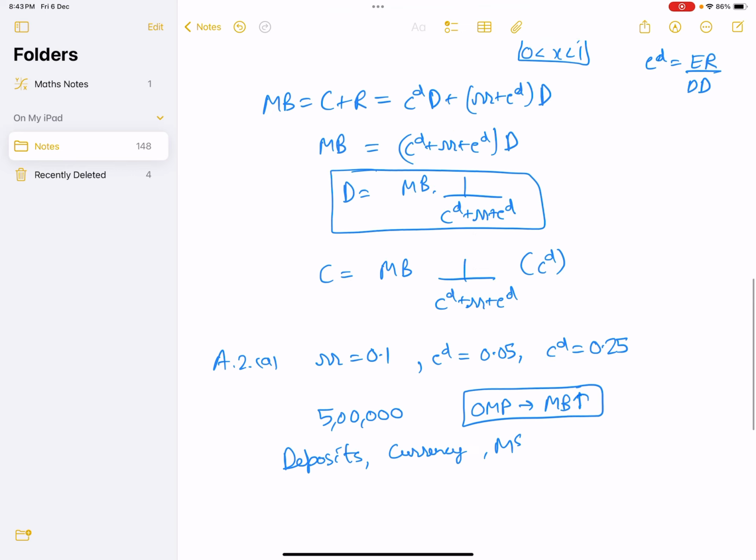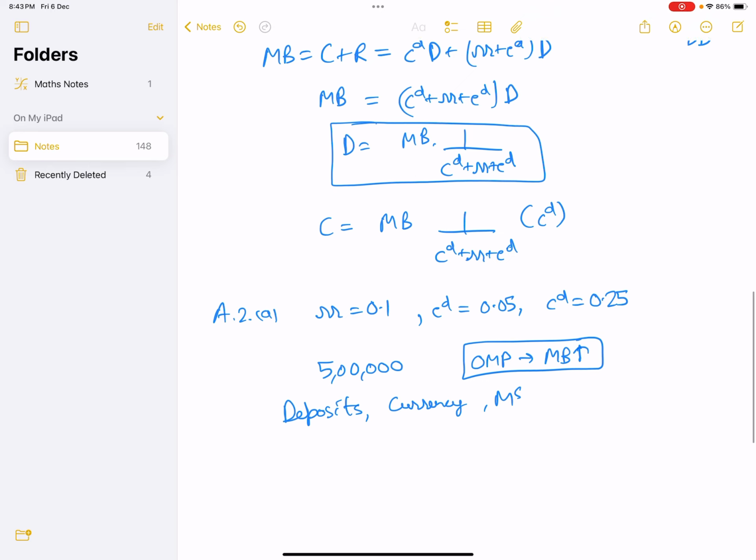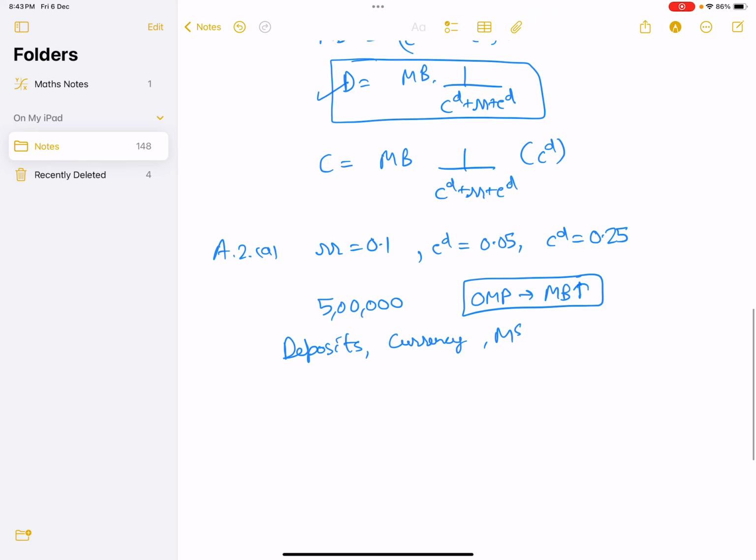With the help of the formula that we have already found earlier, we can see how deposits would be impacted. Deposits change by the change in monetary base, 5 lakh, times the deposit multiplier, which is 1 upon (0.25 plus 0.1).